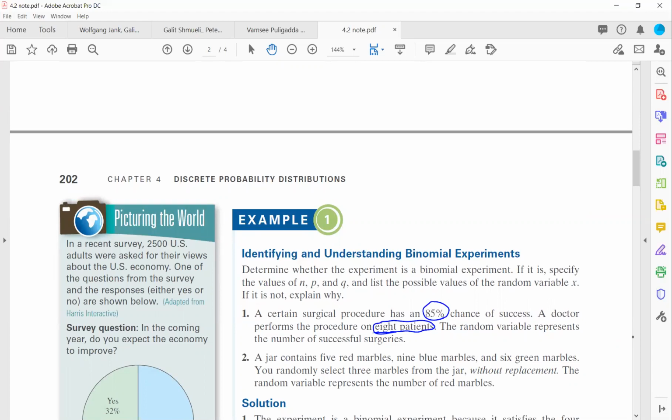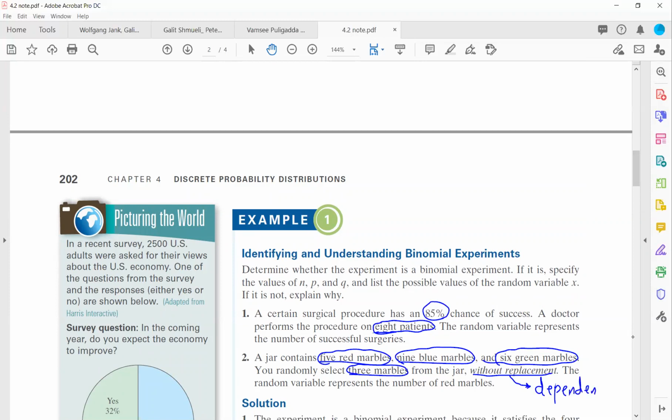Okay, the second one says, a jar contains 5 red marbles and 9 blue marbles and 6 green marbles. You randomly select 3 marbles from the jar without replacement. Remember from chapter 3, without replacement means that these are dependent.